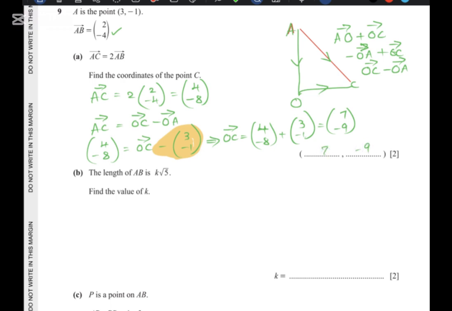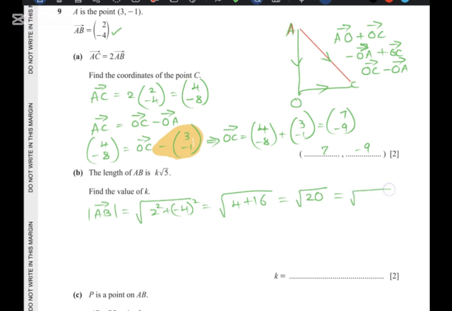Question B. The length of AB is k root 5. Find the value of k. Length of AB is nothing but the magnitude of vector AB, which is the square root of 2 square plus minus 4 whole square, which will be square root of 4 plus 16, which is square root of 20. Now I need to write this 20 in terms of k root 5.